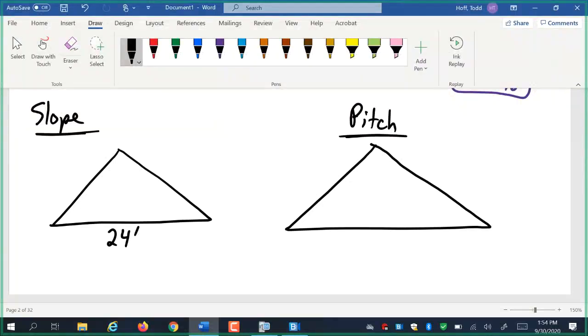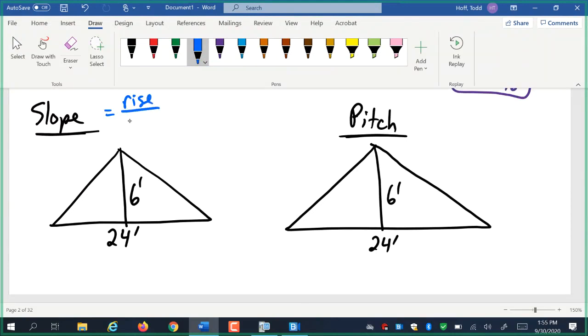Let's say both of them are 24 feet, and this rise is 6 feet in both of them. The slope is rise over run. It's always given out of a run of 12. So here our run is 12 feet, so we have a rise of 6 over a run of 12.